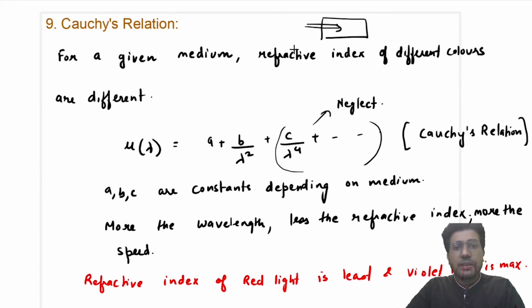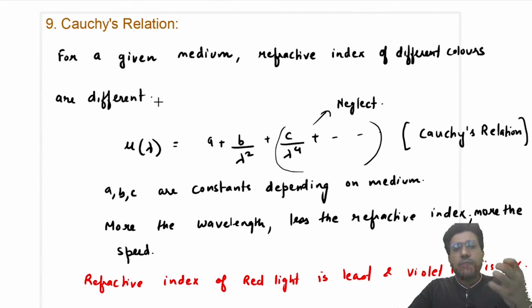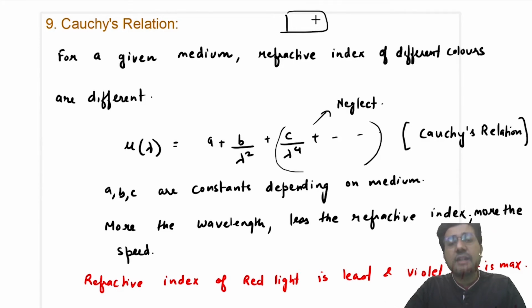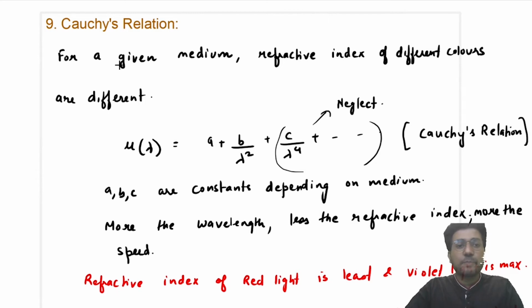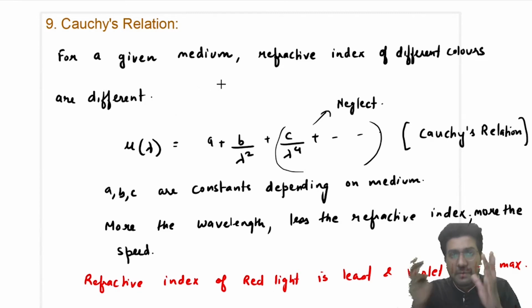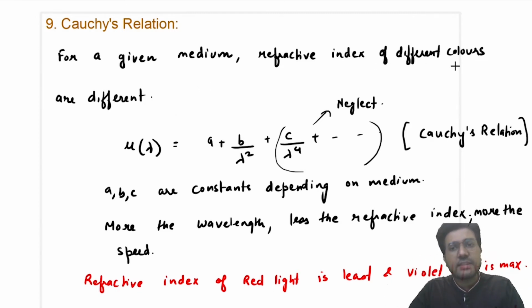Now Cauchy found a relation between the refractive index as a function of wavelength. That means in one medium, different wavelengths will have different refractive indices. This is Cauchy's statement for a given medium: the refractive index of different colors is different, and it is given by Cauchy's relation, mu lambda is equal to a plus b by lambda square plus c by lambda power 4 plus so on.